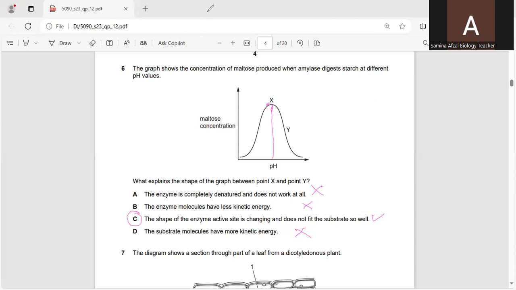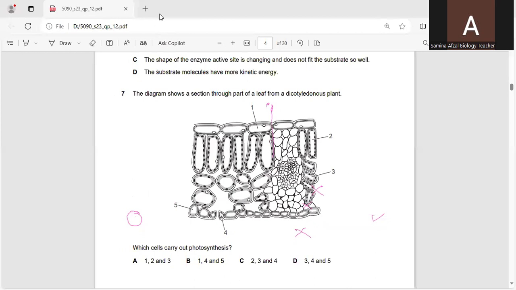Now I would like to move towards question number 7. The diagram shows a section through part of a leaf from a dicotyledonous plant.